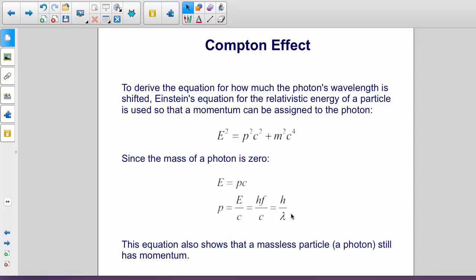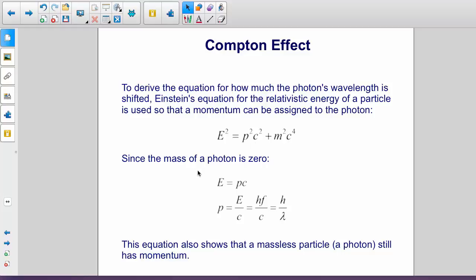To derive the equation for how much the photon's wavelength is shifted, Einstein's equation for the relativistic energy of a particle is used so that the momentum can be assigned to the photon. Einstein's relationship between energy and momentum was given by E squared equals p squared c squared plus m squared c fourth, where m is the mass of a particle, p is its momentum, c is the speed of light in a vacuum.